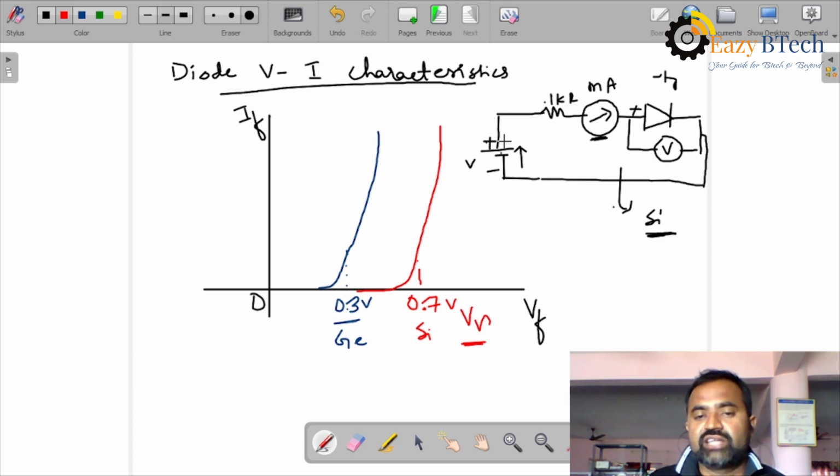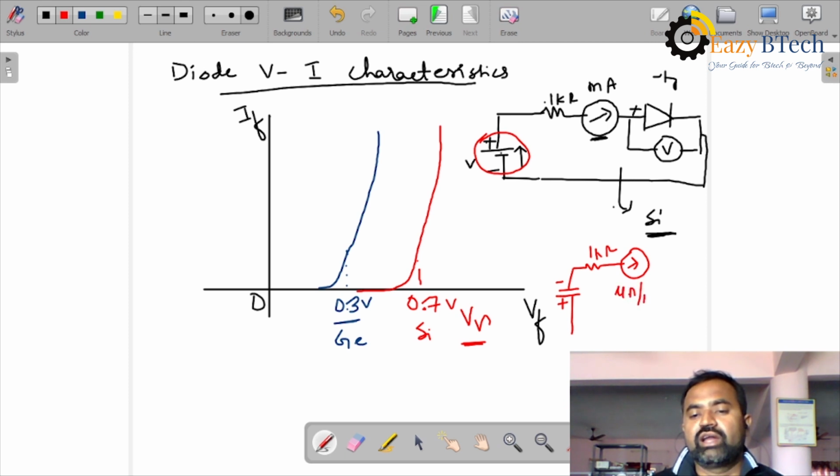During reverse bias, either you may change this polarity or you may change the diode. Suppose you are giving a negative, positive, 1 kilo ohm you may choose. Ammeter, here ammeter you may take like micro or nano, depending upon the type of material.